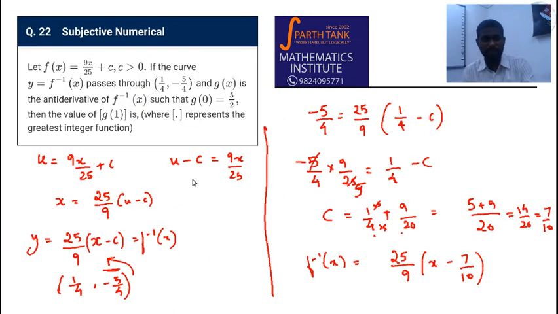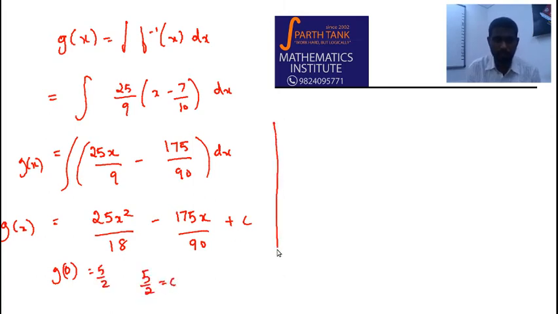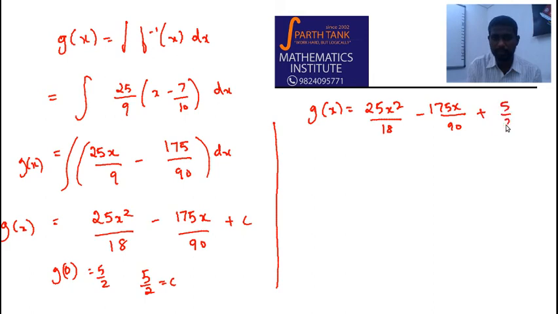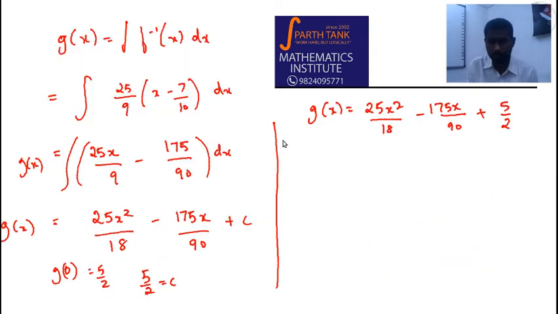Now they have given us g of 0 is 5 by 2. So if I put g of 0 is 5 by 2 here, 5 by 2 is equal to c. So g of x is finally 25x squared by 18 minus 175x by 90 plus 5 by 2. What have they asked us? They are asking us what is box of g of 1.